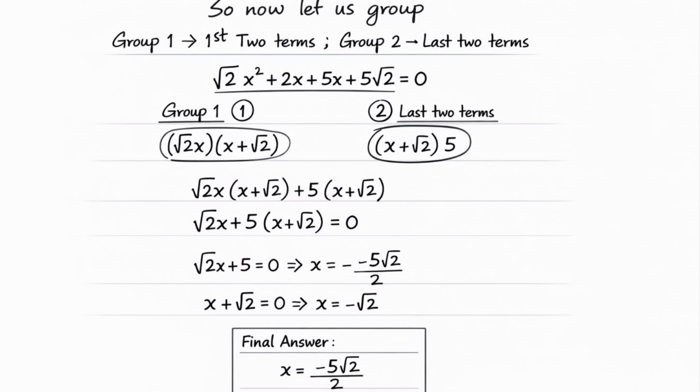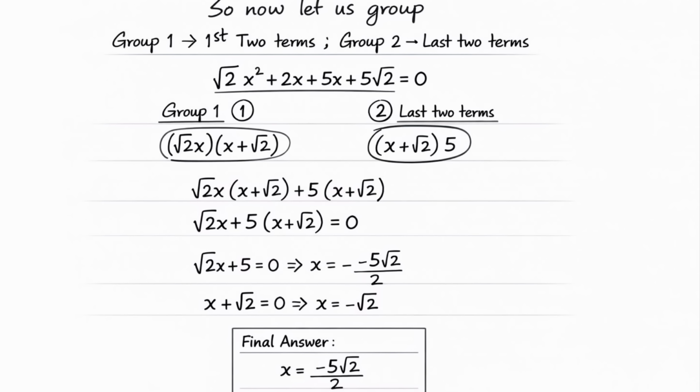So group the first 2 terms as one and the last 2 terms as the other. So we have group 1 and group 2. Now pay closer attention to group 1, that is root 2 x squared plus 2x. And what is the basic idea? We want to take a common factor out of these two groups.